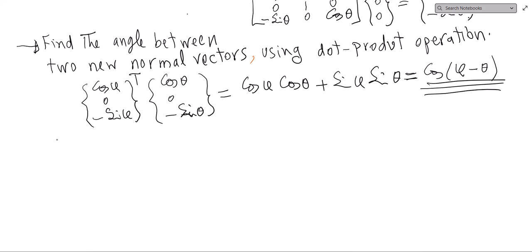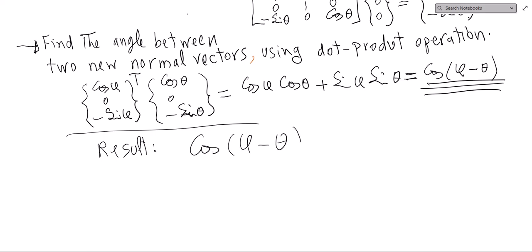So let's see the result: cosine phi minus theta.